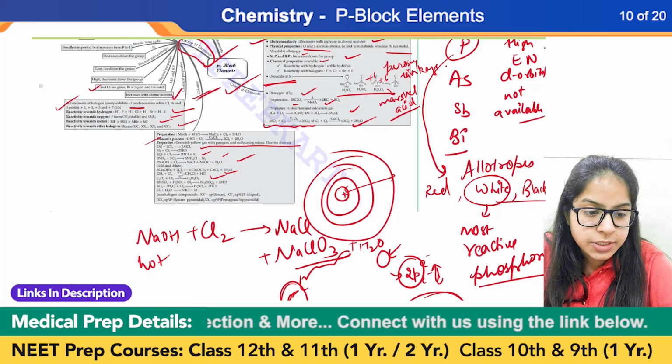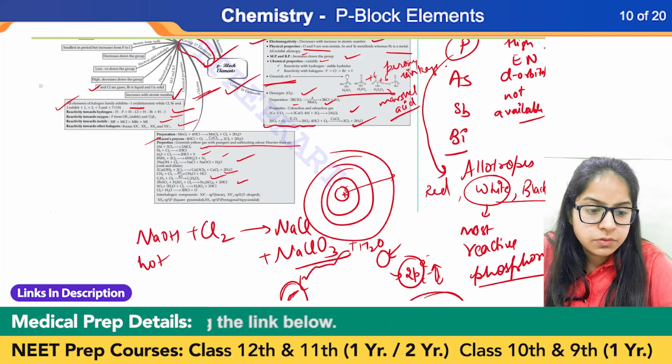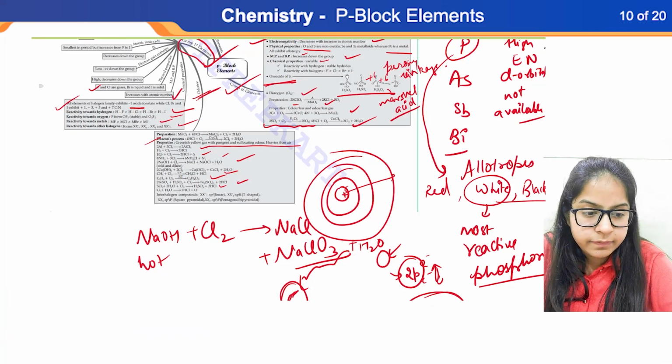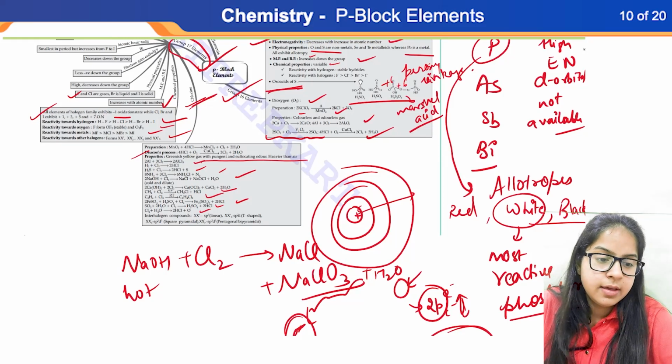FeSO4 on reaction with H2SO4 and chlorine gives Fe2(SO4)3 plus 2HCl. SO2 plus 2H2O on reaction with chlorine will give H2SO4 and 2HCl. Cl2 on reaction with water gives 2HCl and oxygen.